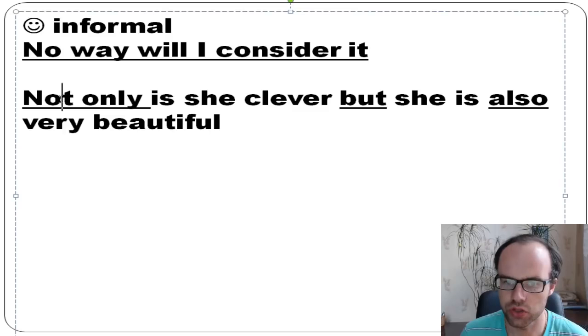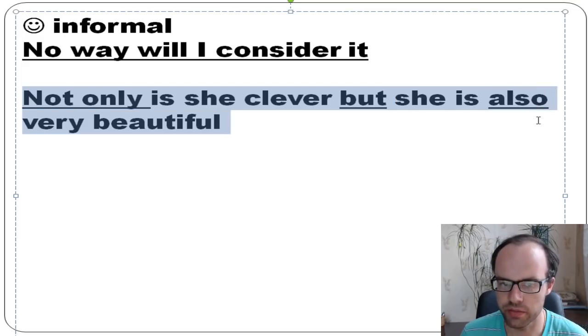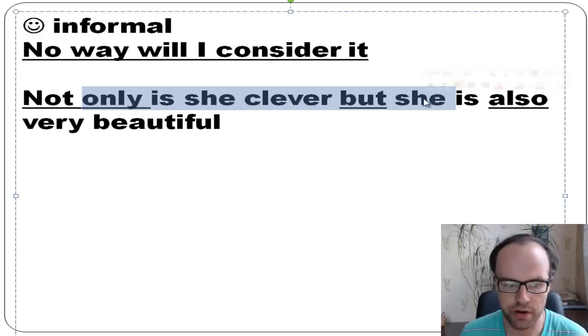Look, not only is she clever, it means she is clever, but she is also very beautiful. Okay, so you can say it without this inversion. She is very clever and she is very beautiful. But if you use not only, you need to use the opposite word order here. So you use is she instead of she is, and you'll say but she is also very beautiful.